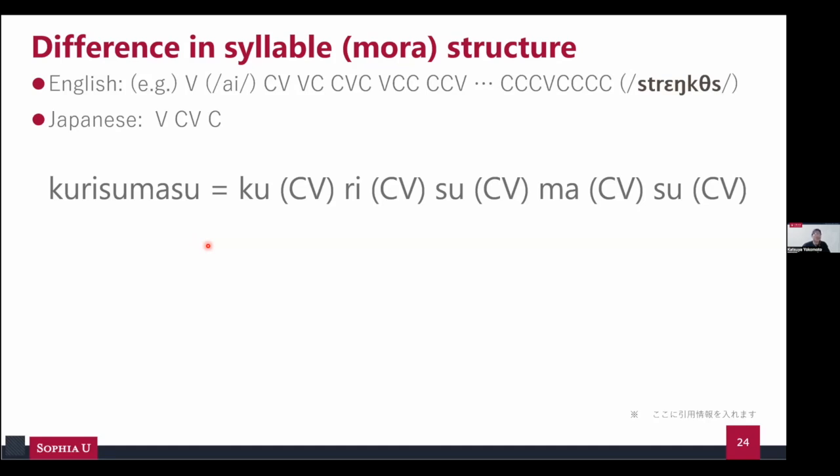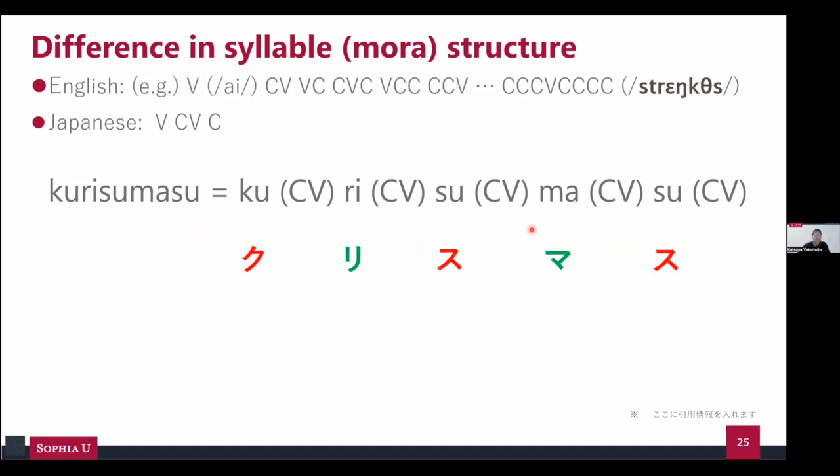Japanese people say Christmas in this way: ku-ri-su-ma-su. So everything is a CV sequence. So it looks like a Christmas in the Japanese way. For them, CV sequence is standard.